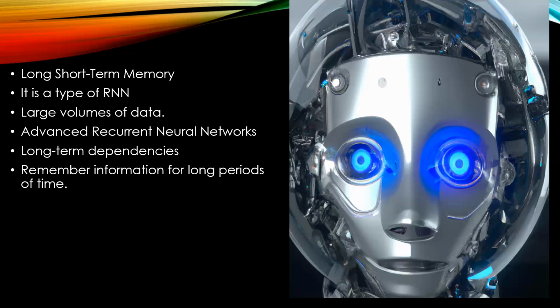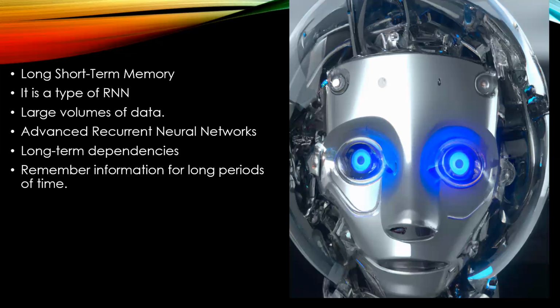Let me clarify each of these points in detail. LSTM is a type of RNN or recurrent neural network architecture that is designed to address the vanishing gradient problem of traditional RNNs. Here are 5 important points that summarize LSTM. LSTM networks are used for modeling sequential data.